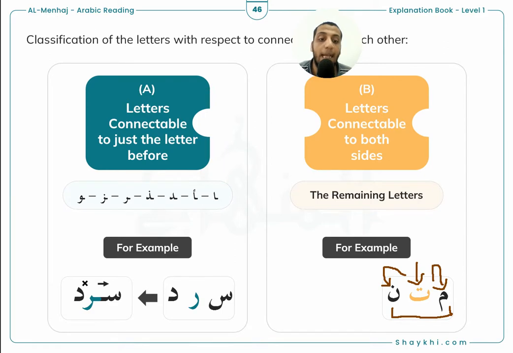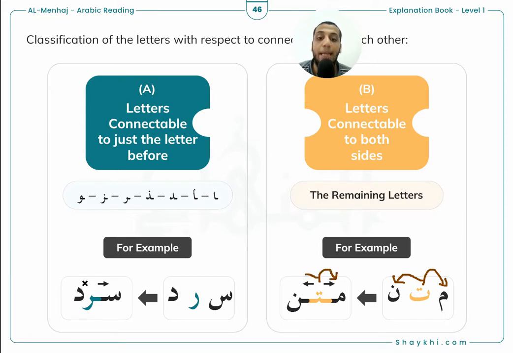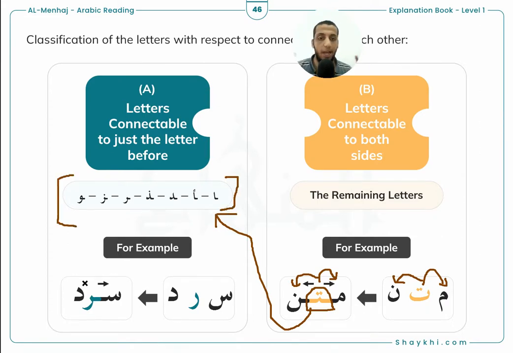So the question here is: will التاء be connected to the letter before it and the letter after it, or the letter before it without connecting to the letter after it? Let's see the result. The result here is that التاء is connected to the letter before it and the letter after it. Why? Because التاء is not one of the 7 letters that are only connected to the letter before it. I think now this point is clear.